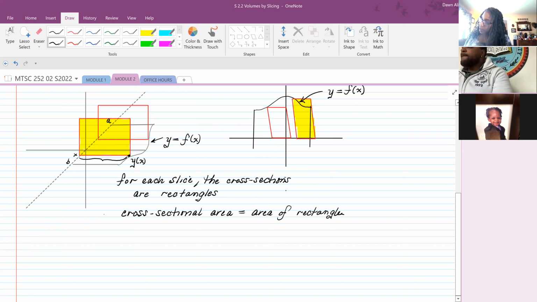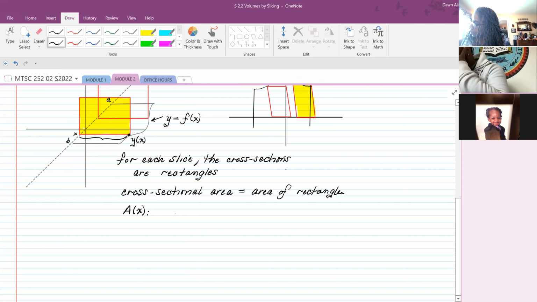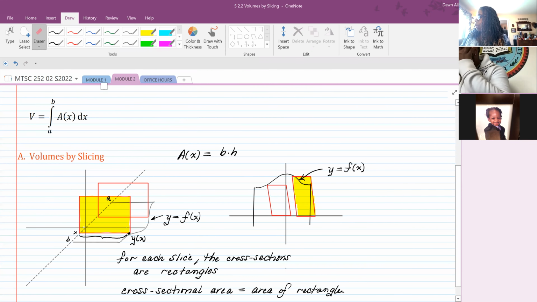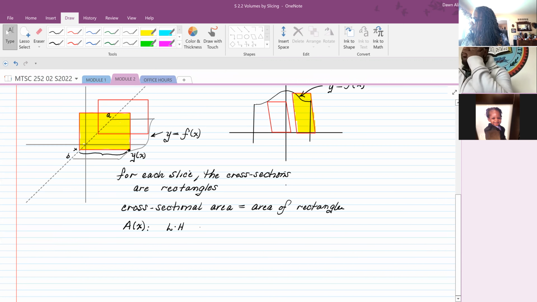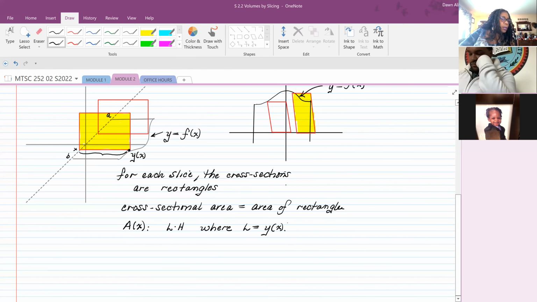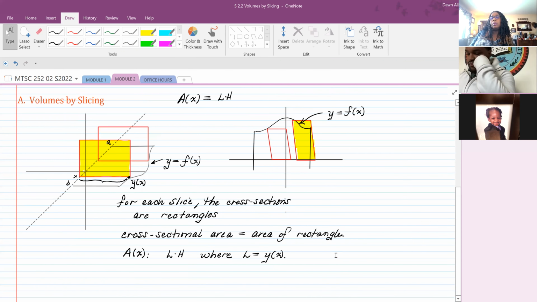Okay, so that is A of x. So once we find A of x from this particular problem, which is length times height, I should have written length times height. For us here, the length is the bottom. We know the length is y of x because that's what's laying on the ground.